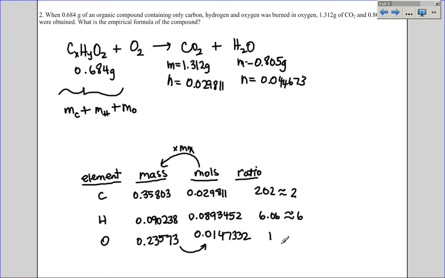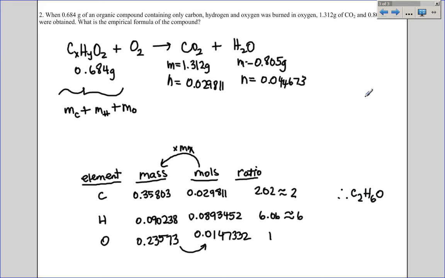If you're not getting nice whole number ratios at this point, there's a very large possibility that you have made some kind of an error along the way. With all the small calculations that you're doing, it is quite possible for that to happen. So you need to be checking and making sure that you're getting whole number ratios, or work backwards to find the error that you've made.